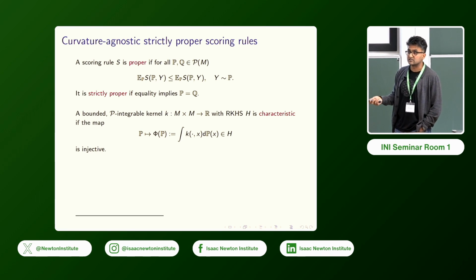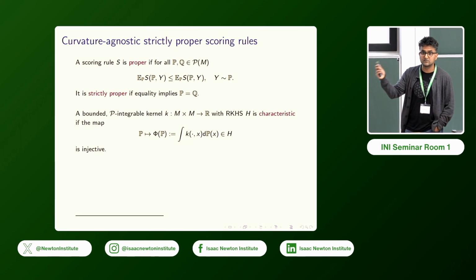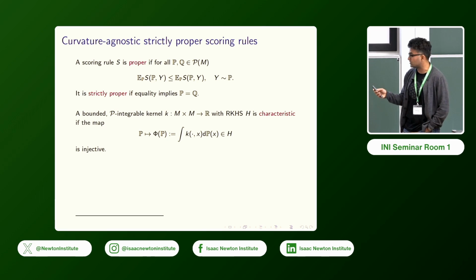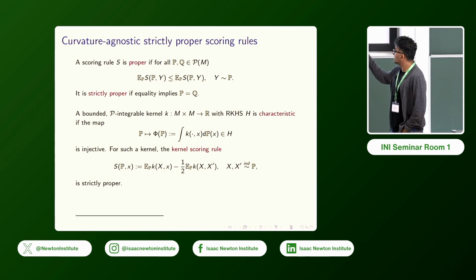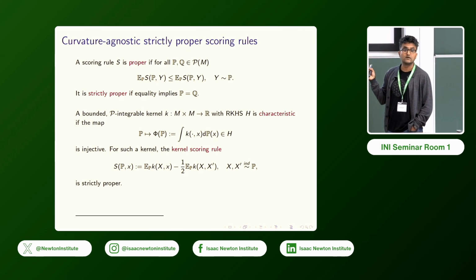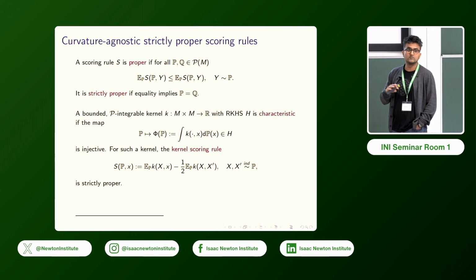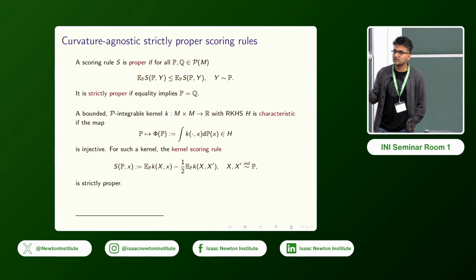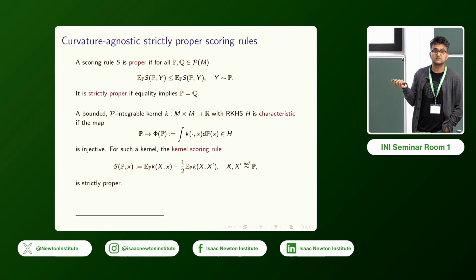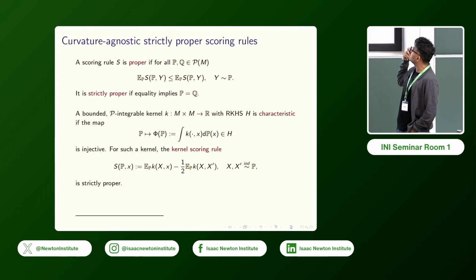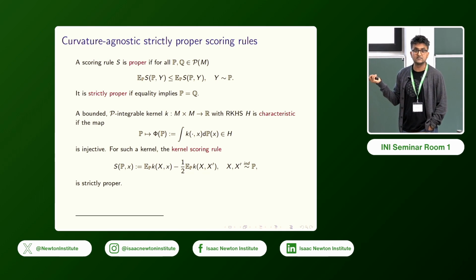If one can find such a kernel for a manifold, regardless of its curvature or its geometric properties, then you can define the kernel score in the usual way. It will be strictly proper. You can safely ignore the underlying geometry as such.